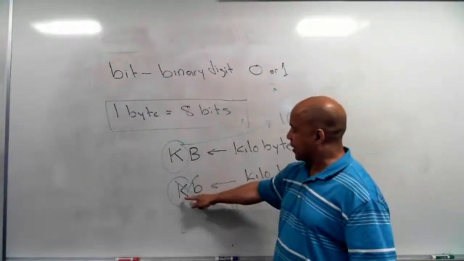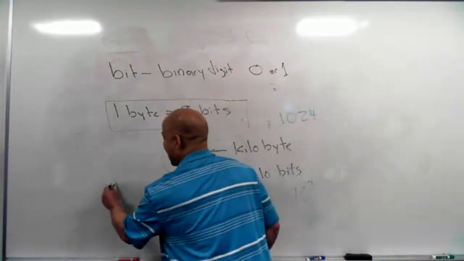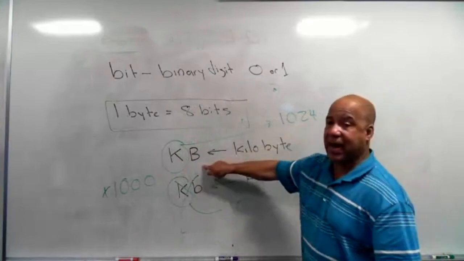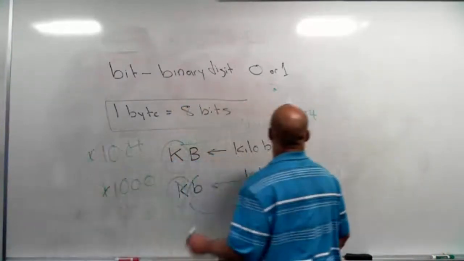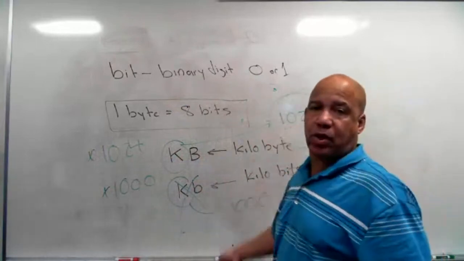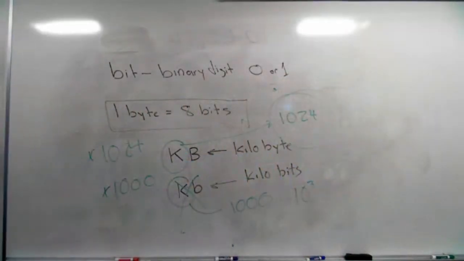So if I'm doing a calculation with kilobits, I'm going to multiply by 1,000. If I'm doing a calculation with kilobytes, I'm going to multiply by 1024. Because to a computer, a kilo is not 1,000. To a computer, a kilo is 1024. Just write that down somewhere and remember it.